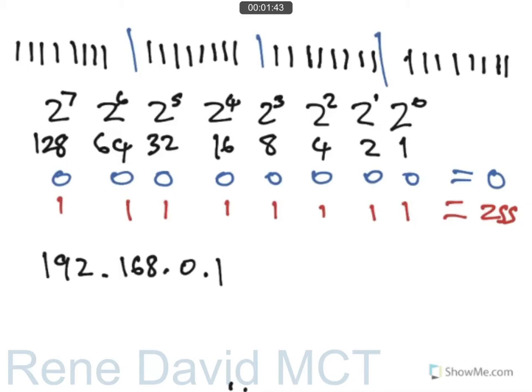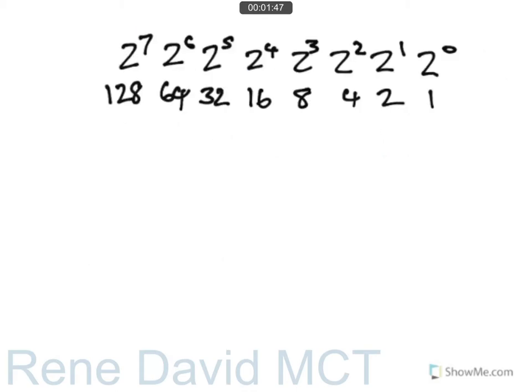Let's have a look at the different classes of IP addresses. So we're back to our binary decimal conversion table of 8 bits, and I'm going to show you why that's important just now. Your class A IP addresses go from 0 to 127.